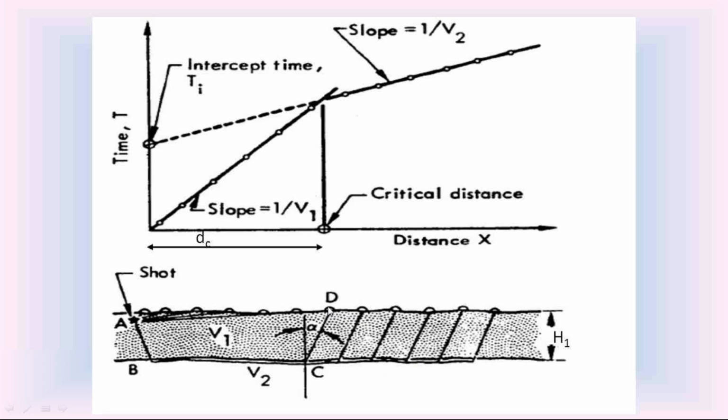So note down the distance of these geophones from the source, take it on the x-axis, and the seismograph gives the time of receiving the shock waves by these geophones, take it on the y-axis, you will get the second straight line. These are two different straight lines because the first straight line is only for the shock waves in the first layer. The second straight line is for the shock waves in the second layer.